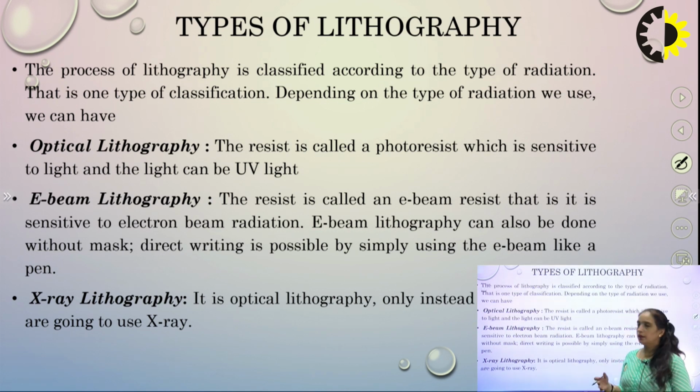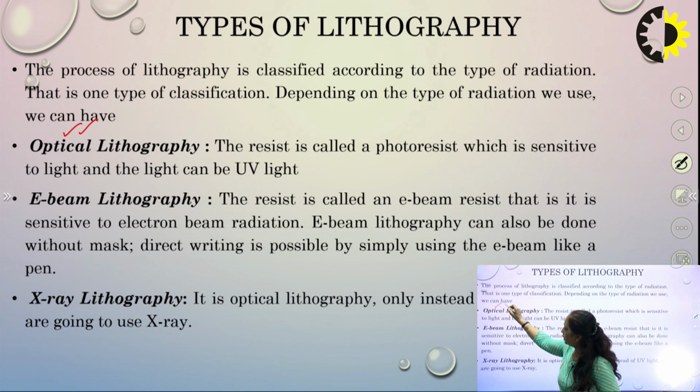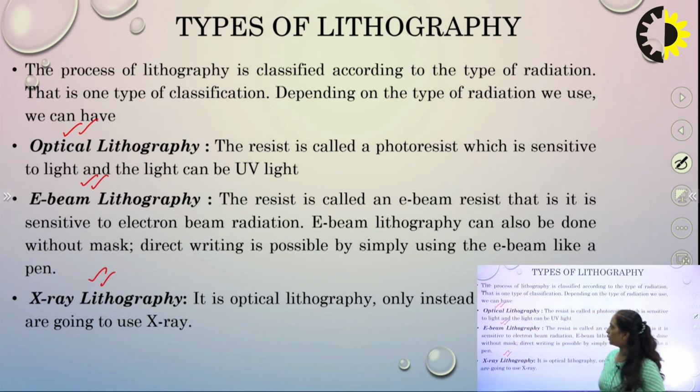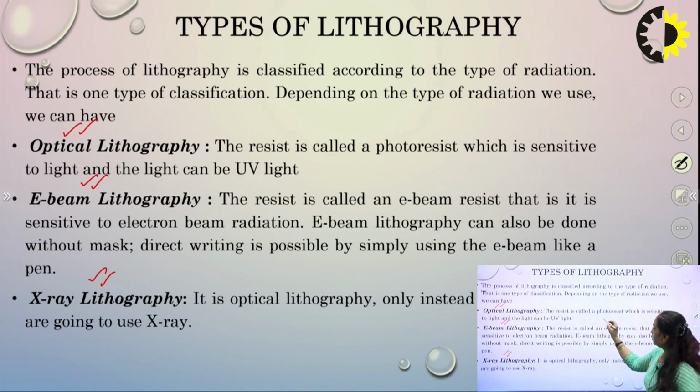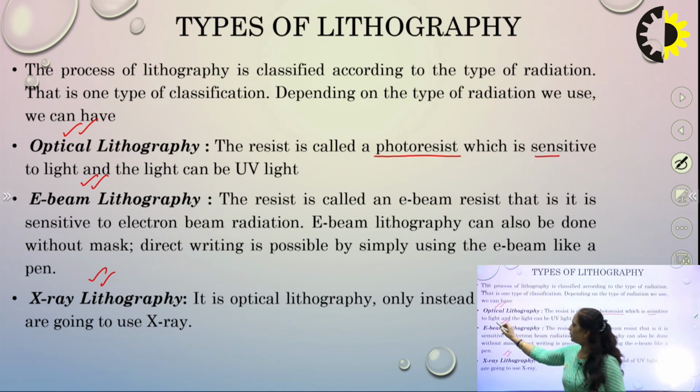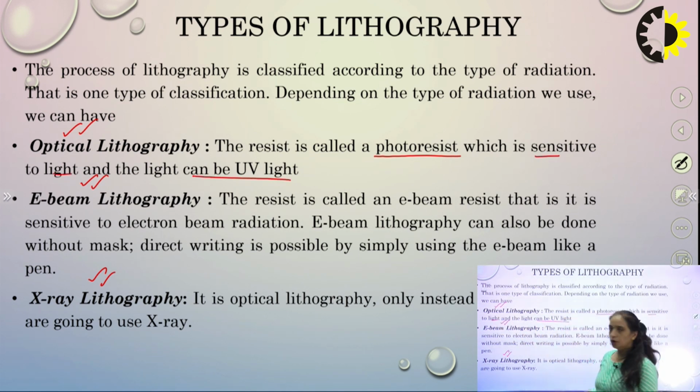Depending upon the light we are going to use, we can classify the lithography technique as optical lithography, e-beam lithography and X-ray lithography. In optical lithography, the resist used is known as photoresist, which is sensitive to light, and the light can be UV light.